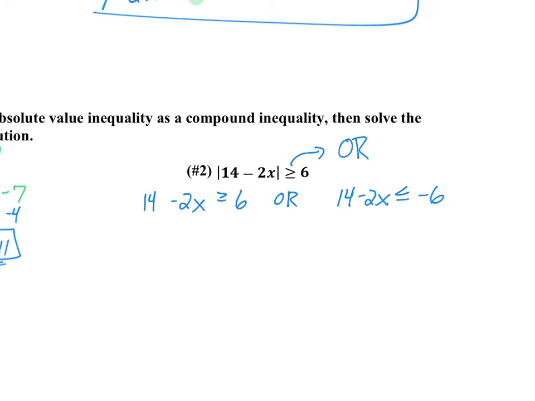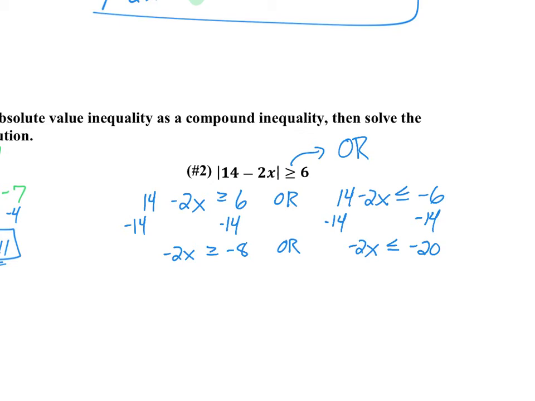So you flip the symbol, make it negative, and then we solve it. So minus 14 would be negative 2x is greater than or equal to negative 8. And then do the same thing in the other equation, because your solving steps should be exactly the same. Negative 2x is less than or equal to negative 20.